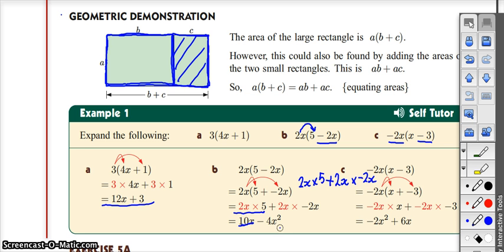So I'm hoping what you're seeing is some similarities between what we've just been doing. Alright, I see some nods. This last one, negative 2x, what's the first thing we should do there, Monique? I don't know. No, don't panic, don't be a kangaroo in the headlights. What's the first thing we do with the distributive law?